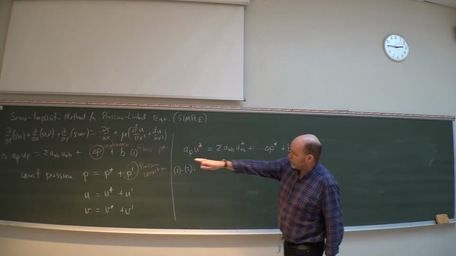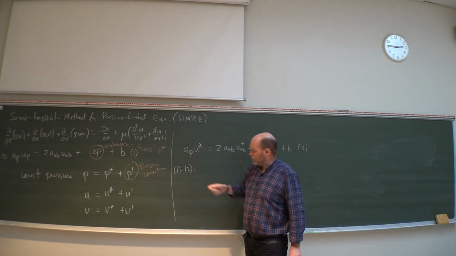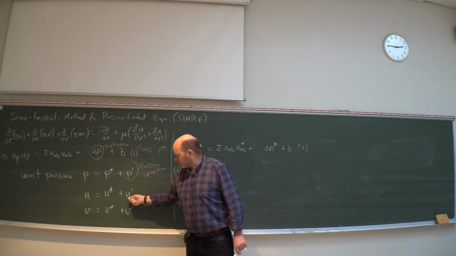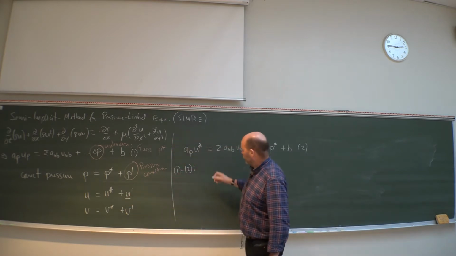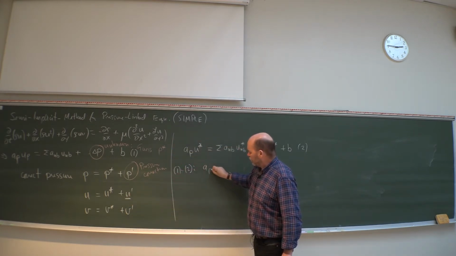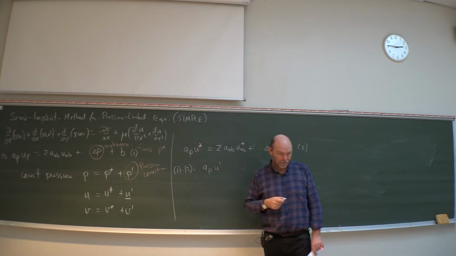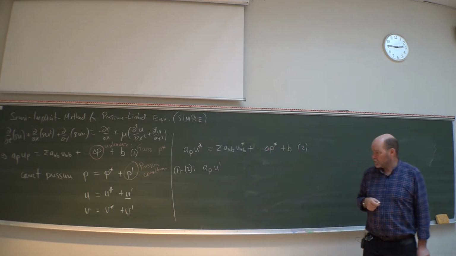Well, you get the correct one minus this tentative, which is just the correction. That's nice. So here you will get a P u correct when you subtract these two.